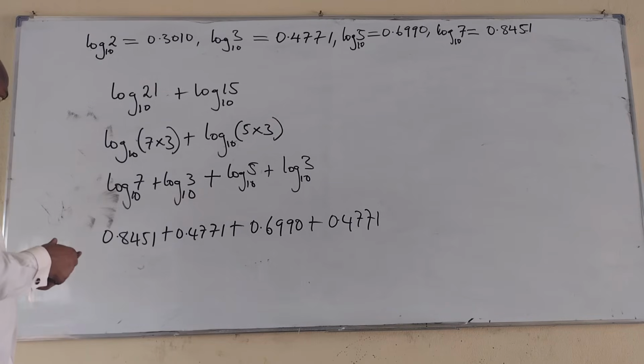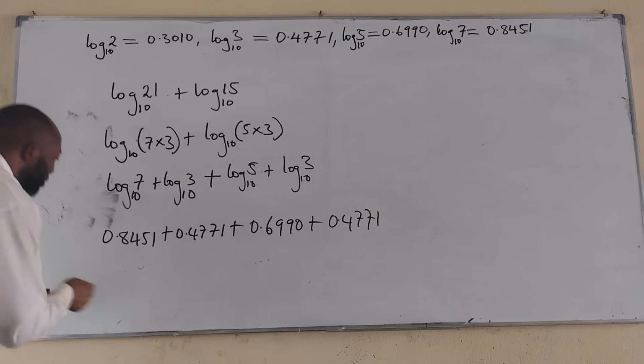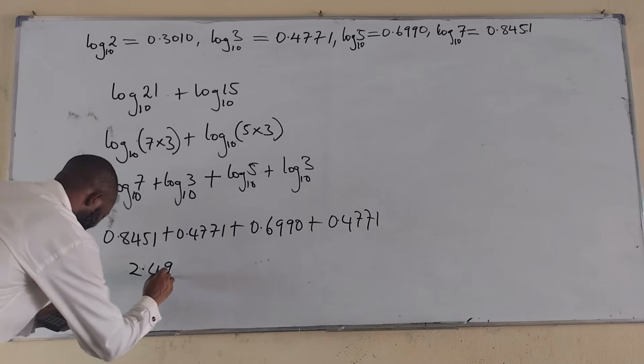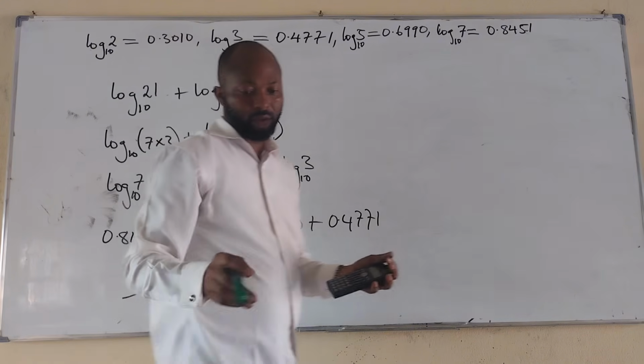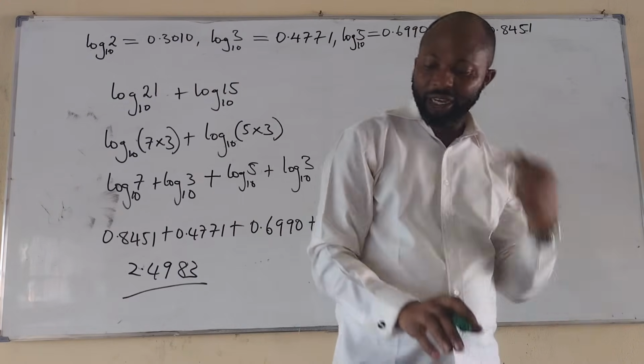Let's add this all: 0.8451 plus 0.4771 plus 0.6990 plus 0.4771 gives 2.4983.